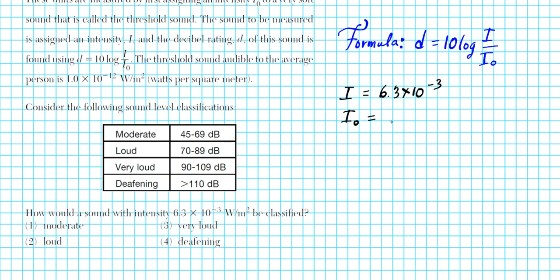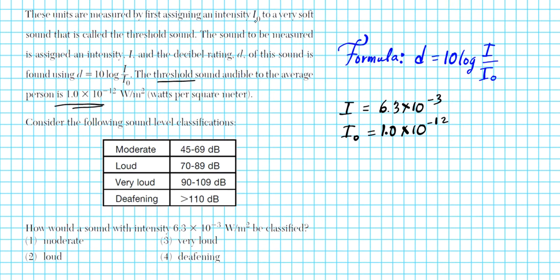So I sub 0 is 1.0 times 10 to the negative 12. So the threshold sound has this value right here, and if you go up, you're told that I sub 0 is the threshold sound.